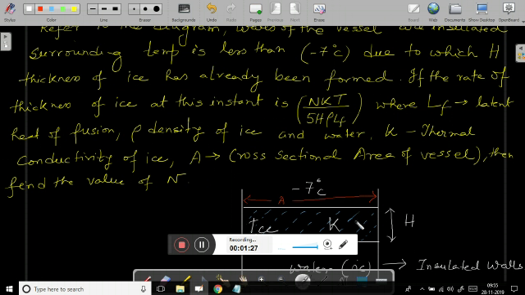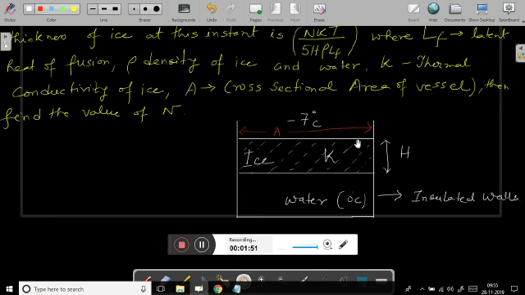That means this is the cross sectional area of the ice formed over this vessel. What exactly do we have to find out? We have to find out the value of N from the equation. So let's see how we can solve this problem.